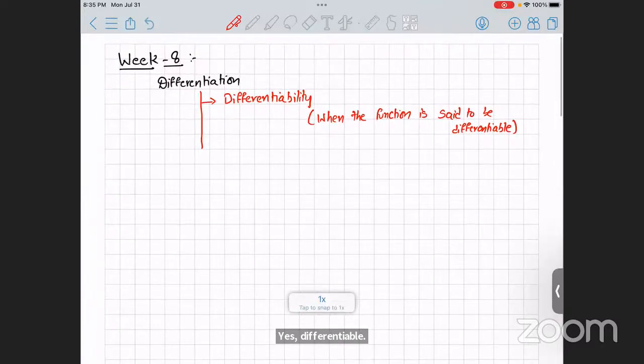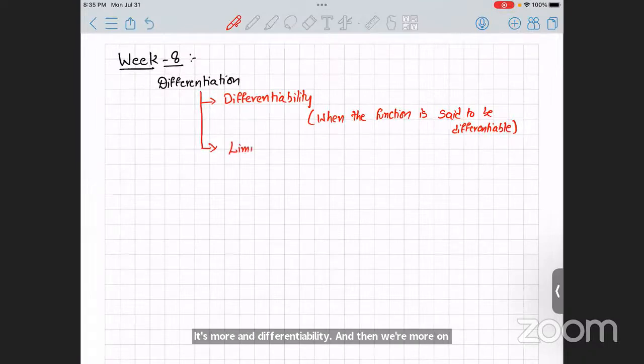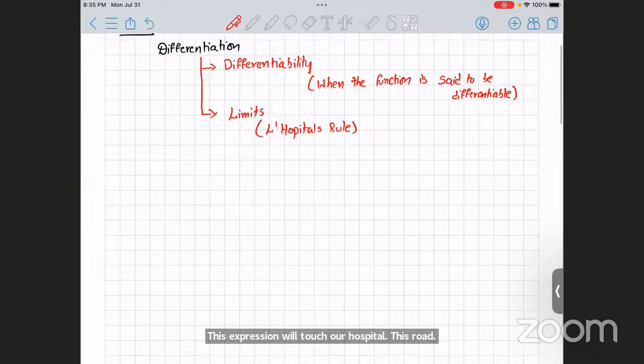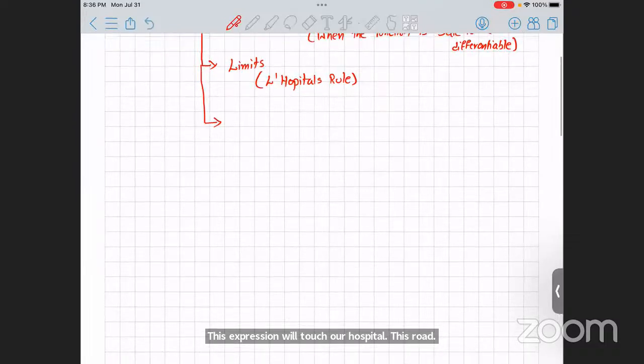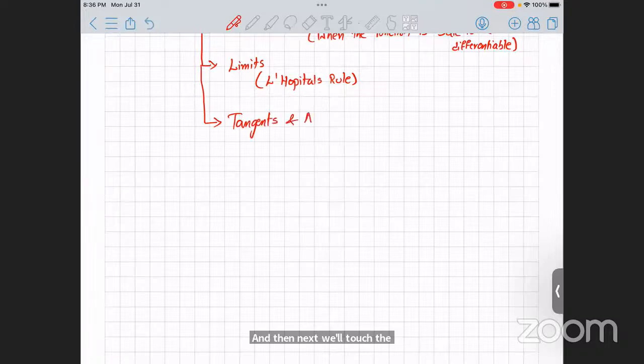And then we will touch on limits. In this especially we will touch L'Hospital's rule. And then next we will touch the tangents and approximations.